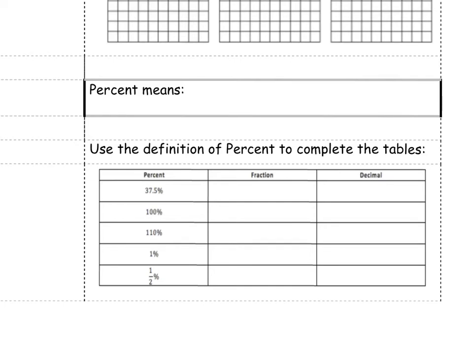So when we think about what we just did, all a percent is a number out of 100. And so a fraction is a representation of a percent because it's a number over 100.